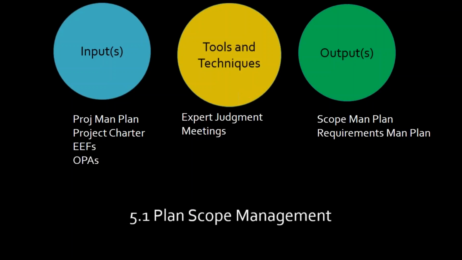So 5.1 to 5.2 to 5.3 and so forth. Okay, that makes every bit of sense, correct? We're looking, and don't forget your EEFs and OPAs. And I know I've talked about those, but remember, that's the big picture. That's the organization that you're within, and all the rules and regulations and tools and culture and everything else. You really can't overstate its importance as an input.